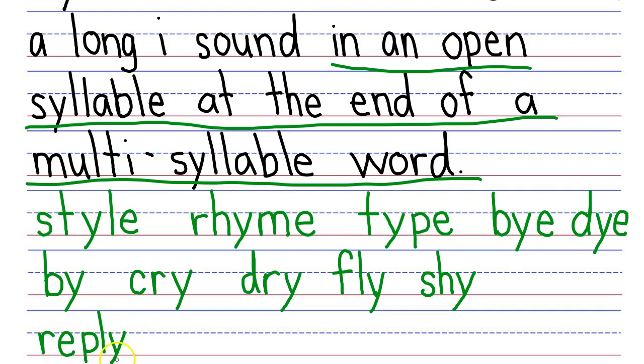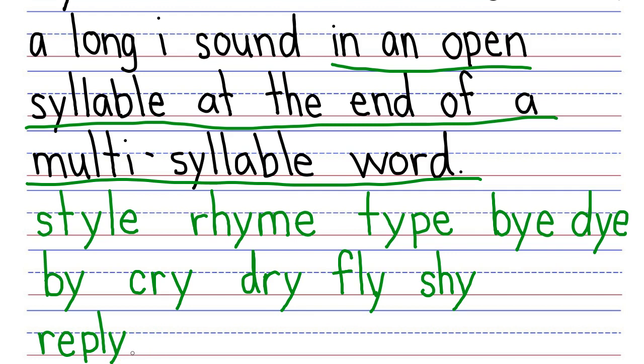This is an open syllable because it ends with a vowel letter, and when that vowel letter is a Y, it's going to make a long sound, the long I sound, I. Therefore, R-E-P-L-Y spells reply.